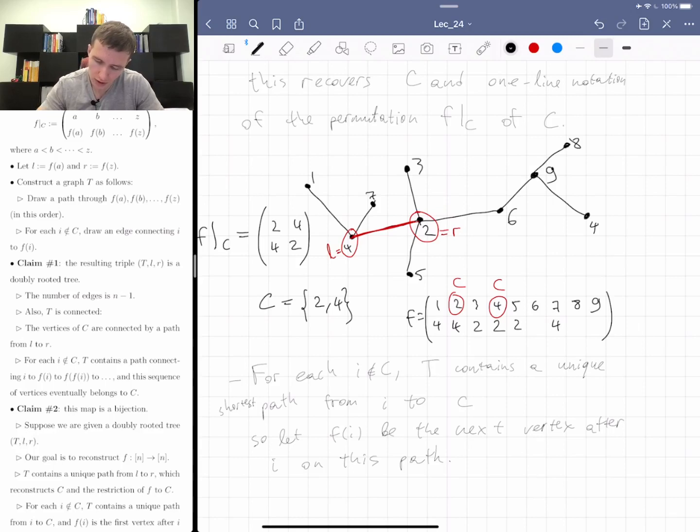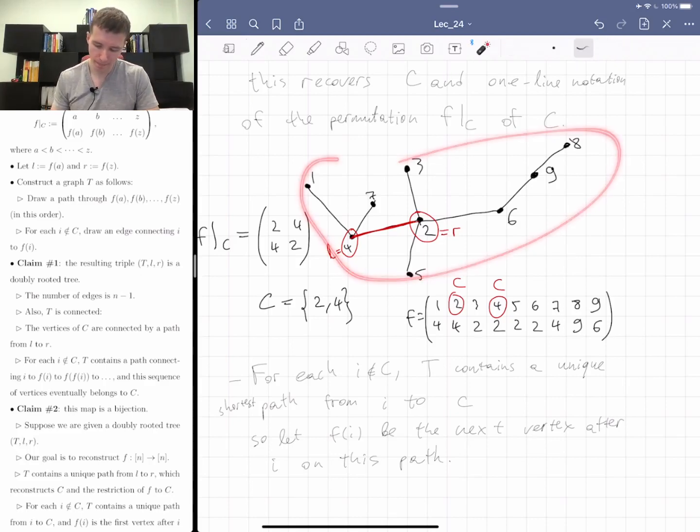And now here's the tricky part. 6 goes to 2, 9 goes to 6, and, well, wait, hold on, there's two 4s, all right. Okay, let me erase one of the 4s. And 8 goes to 9, finally. So I have reconstructed the whole F uniquely from just looking at this picture.